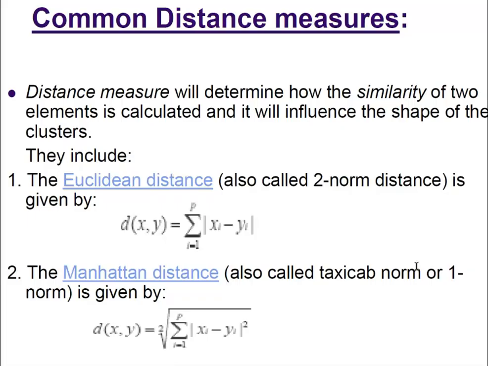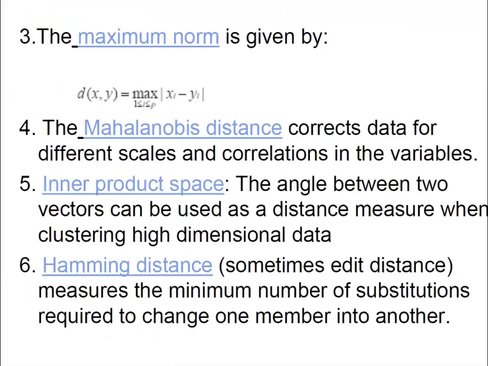This measure is less sensitive to outliers than Euclidean distance. The next measure is called maximum norm, and here you take the largest possible difference across any single dimension. This one is useful when you care most about the worst case differences in any one feature.